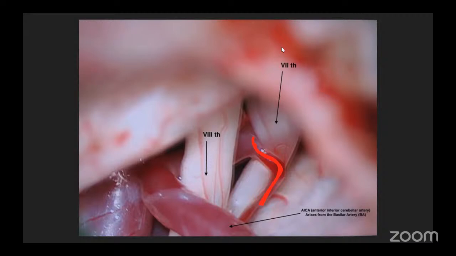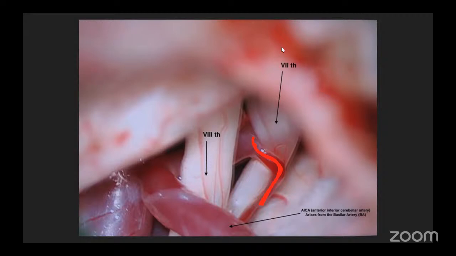You can see this innominate branch rising from the AICA, which is denting the seventh nerve. The seventh nerve is slightly stretched around it, and the patient might very well have hemifacial spasm. Very good of you to pick this up. Otherwise, if you're only looking at the position of AICA, it is the typical position.